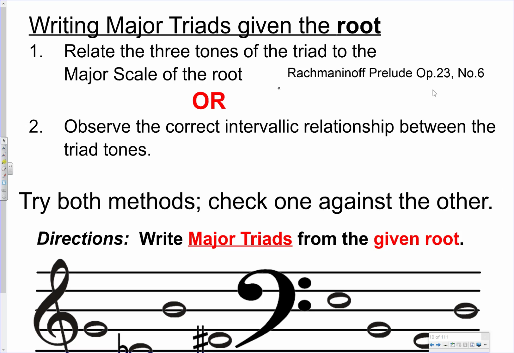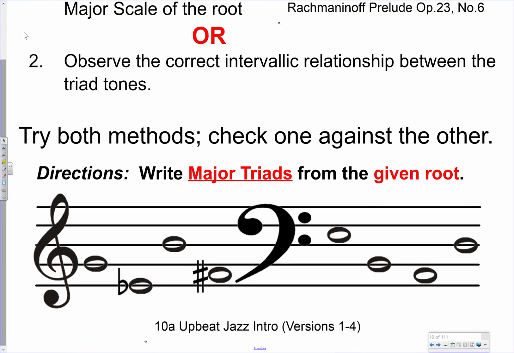So let's examine our directions for this activity. We need to write major triads from the given root. Notice that the given note is the root and shall not be altered. Because the given note is the root, I do not want to supply any notes underneath that note, because we are going to be building the third and the fifth from that given root.